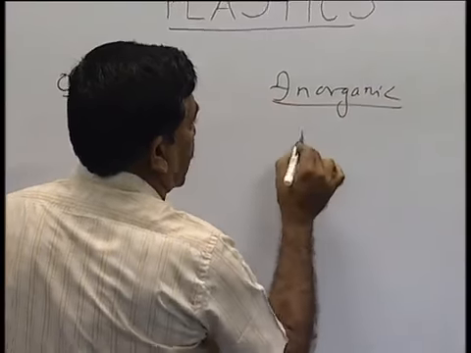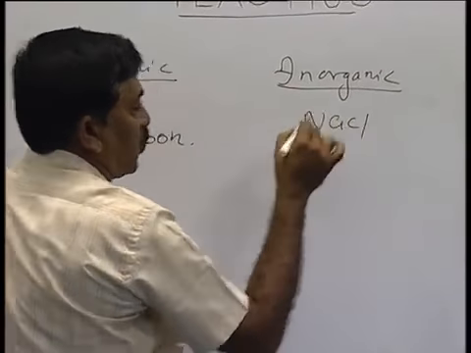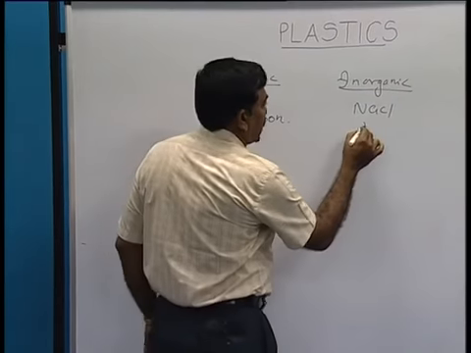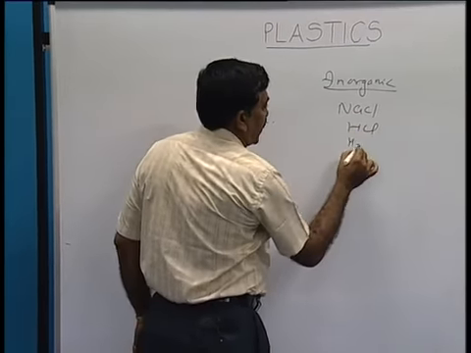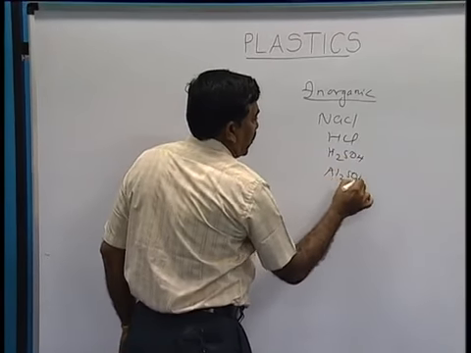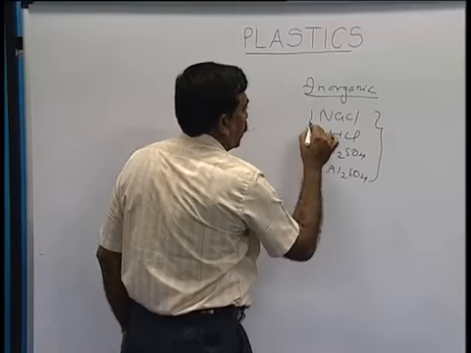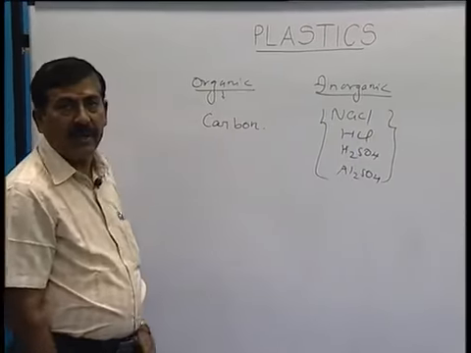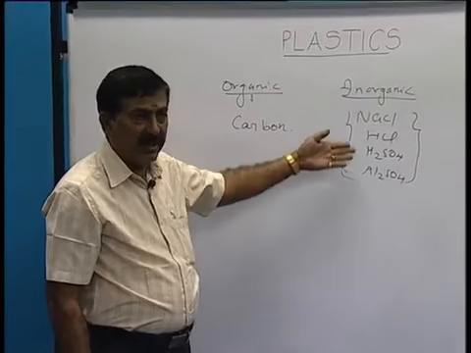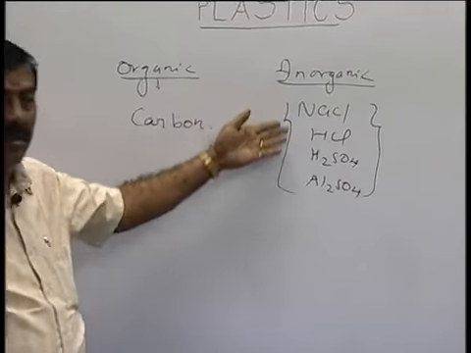You know the normal salt, sodium chloride, we use it every day in our life. Hydrochloric acid, HCl. Sulfuric acid, H2SO4, aluminum sulfate. These molecules are called inorganic molecules. Why it is so? There is no carbon in these compounds, so they are called inorganic molecules.